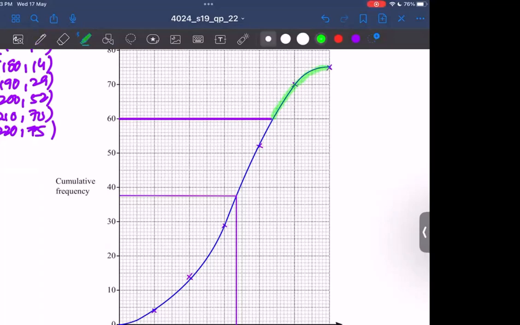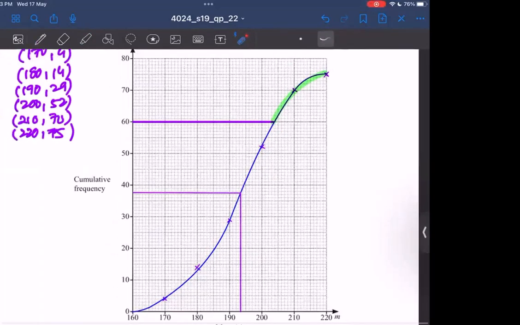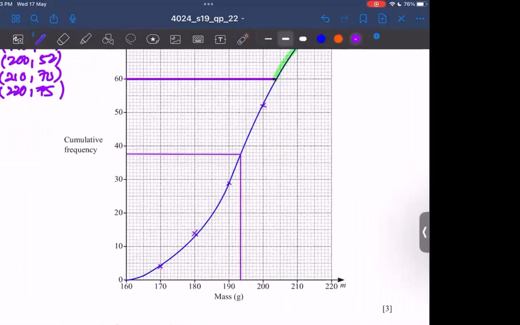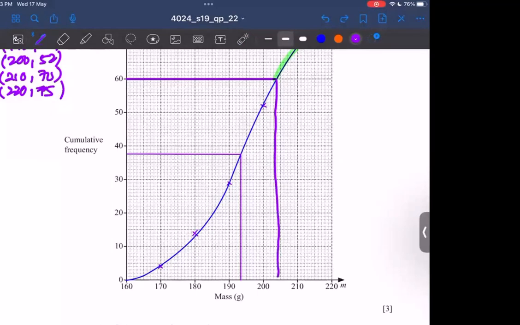Below this is 80%. These are the 20% oranges which have the mass greater than 60. Let me just find out the mass over here. This is going to be 204.